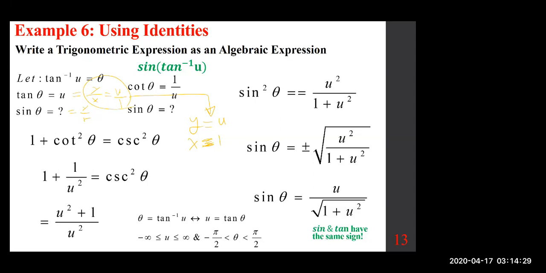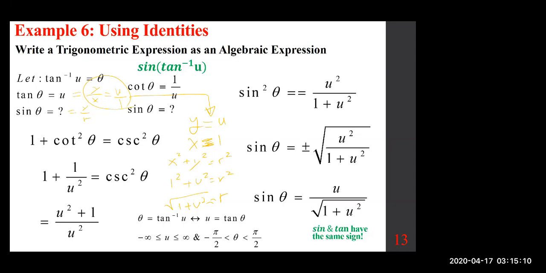If x squared plus y squared is r squared, then x squared is 1 squared, y squared is u squared. 1 squared plus u squared equals r squared, and r is simply the square root of 1 plus u squared.